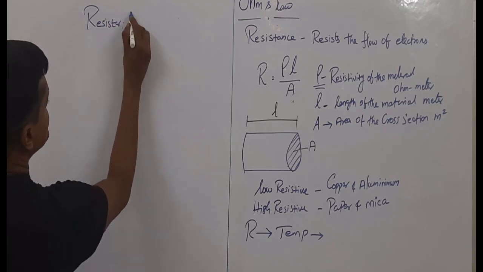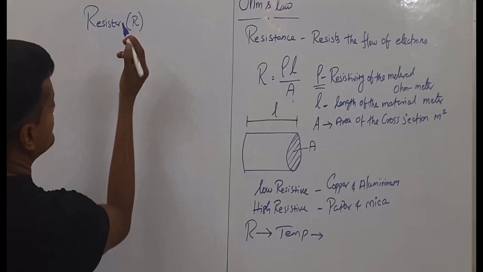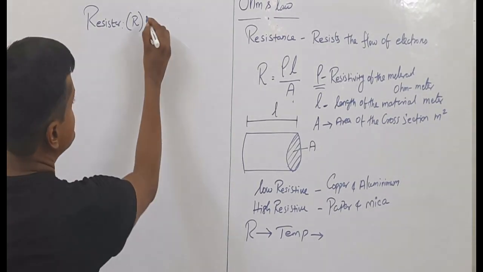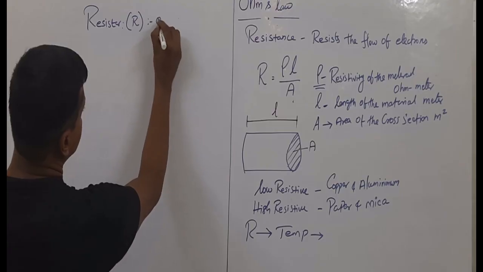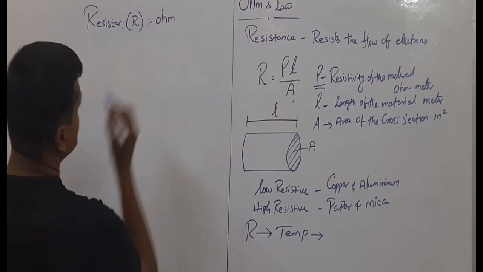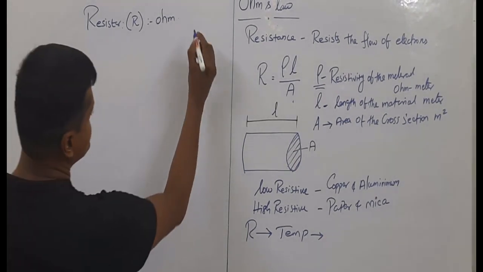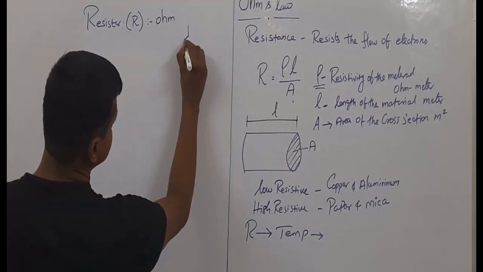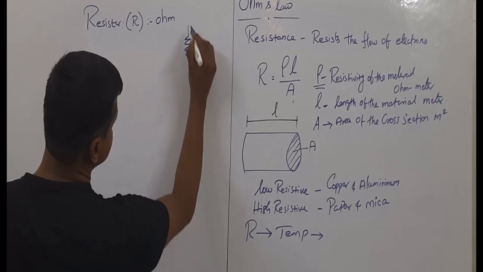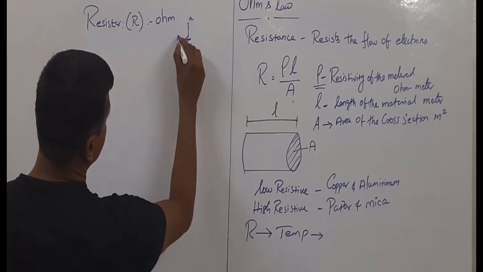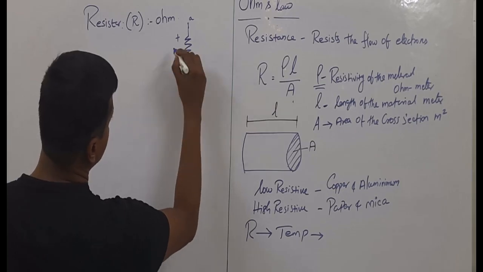So next one is resistor. It is denoted by R. Resistor is denoted by the symbol R. The unit is ohm. The symbol of a resistor is this: terminal A, terminal B, and plus minus.